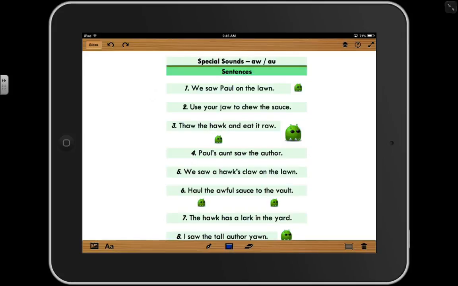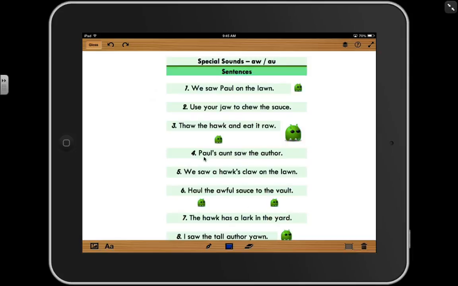Do you see one more word pattern? Right here. We know aw, so this word is raw. All right, let's read the sentence together. Thaw the hawk and eat it raw. Ew, that sounds disgusting. Let's read it one more time. Thaw the hawk and eat it raw.